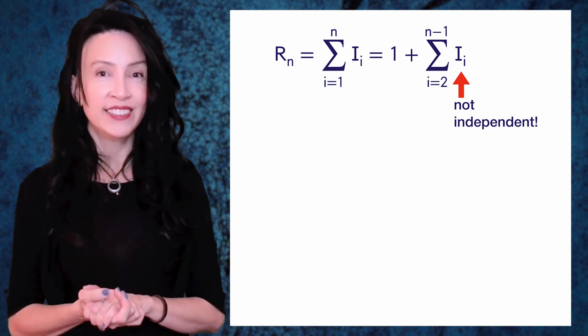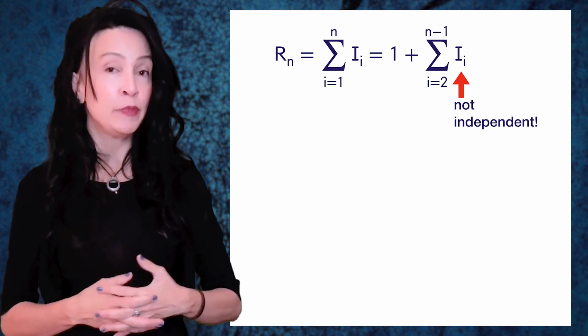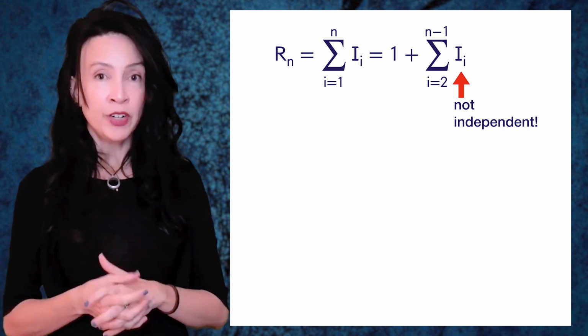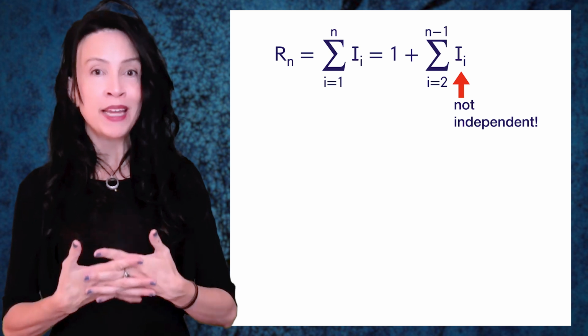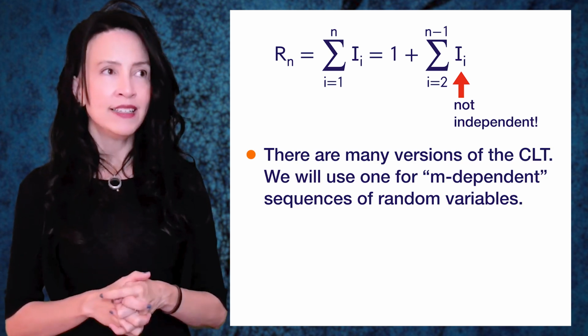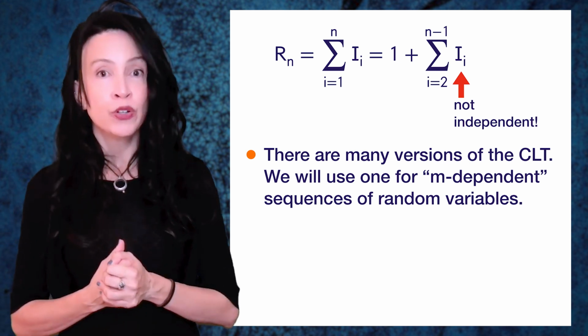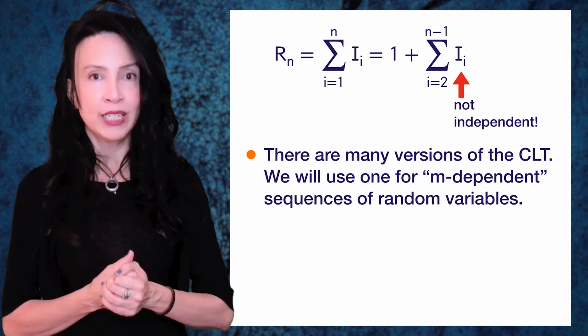So it doesn't appear that the central limit theorem is going to apply here because it applies to IID random variables, but there's actually many, many flavors of the central limit theorem. And there's one that is going to be obscure if you're not a probabilist that applies to so-called M-dependent sequences.